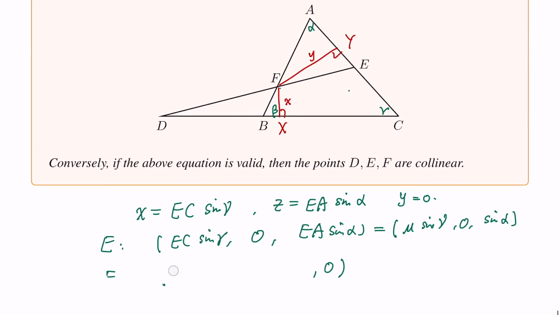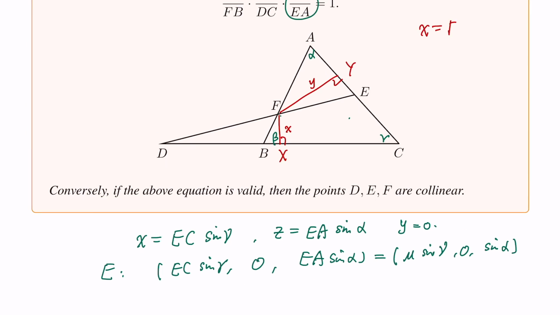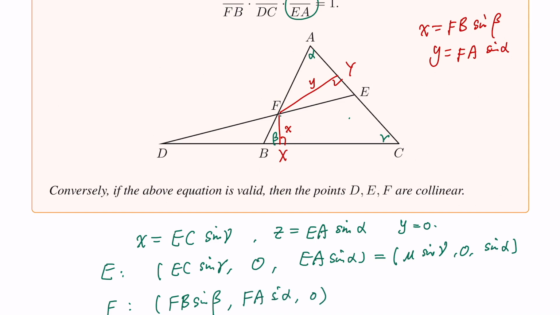Let me erase this first. Maybe I can write here. So X is equal to FB sine beta, and Y is equal to FA sine alpha. So their ratio, F, would look like FB sine beta, FA sine alpha, and 0.